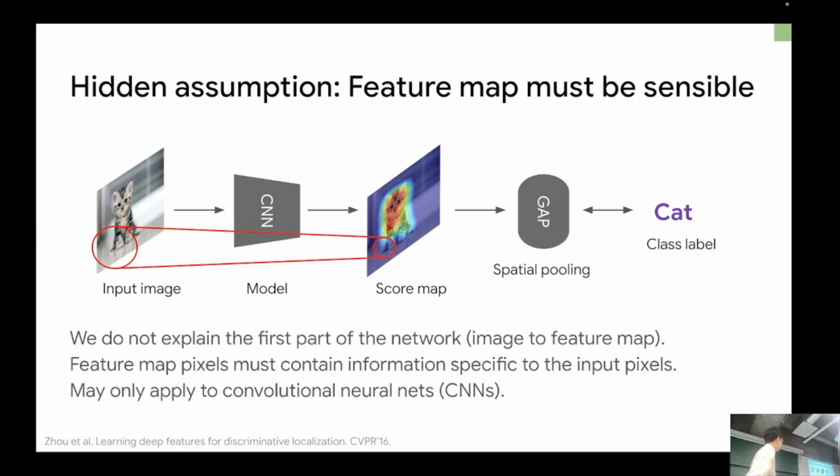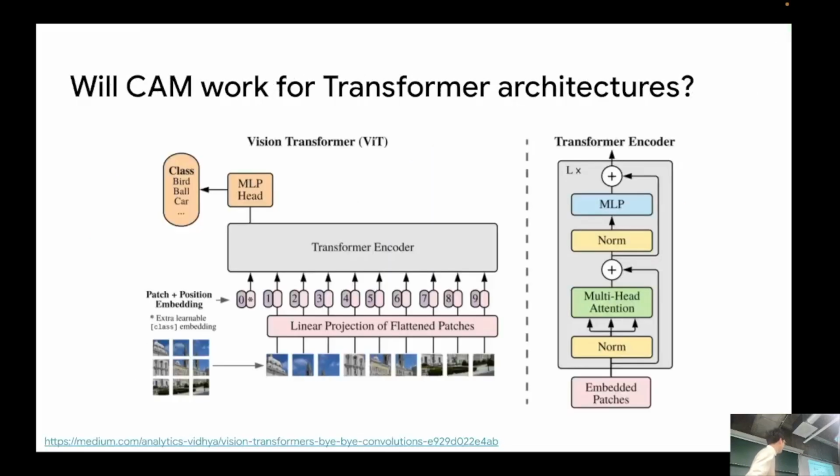But beyond convolutional neural networks, the question is, is it going to work? What about transformer architectures? So this is the vision transformer, and how it looks. By the way, this is non-examinable, I'm just explaining. This is the given image, and what you do is you dissect the image into different patches.